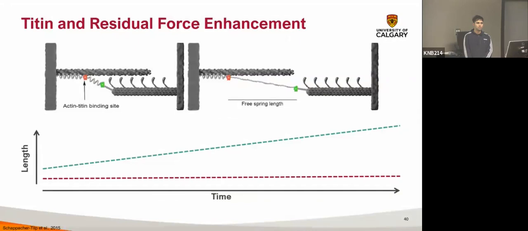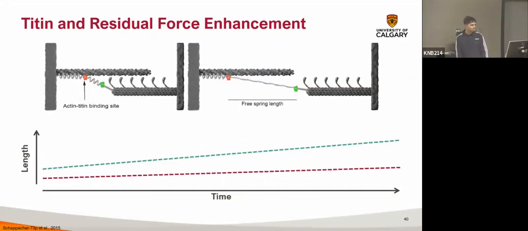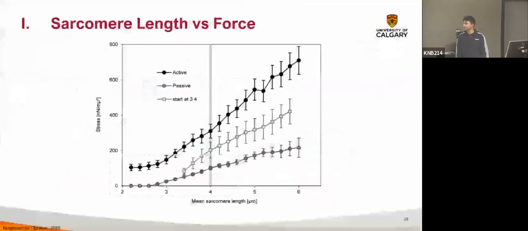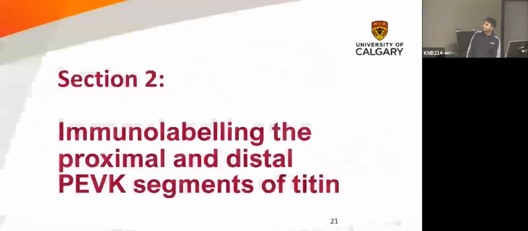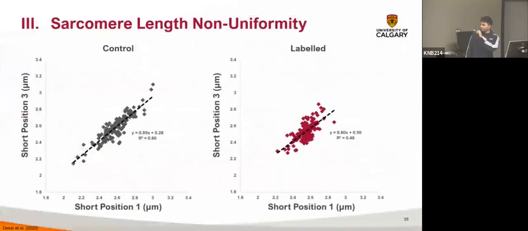But let's chat about something different. We showed a slide on the non-uniformity of the sarcomeres, the testing that we did at the short lengths. You were arguing that they look similar, but the R squared value is fairly different.